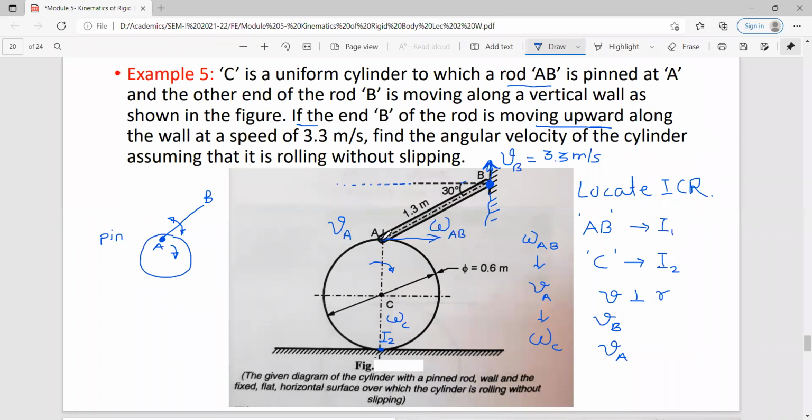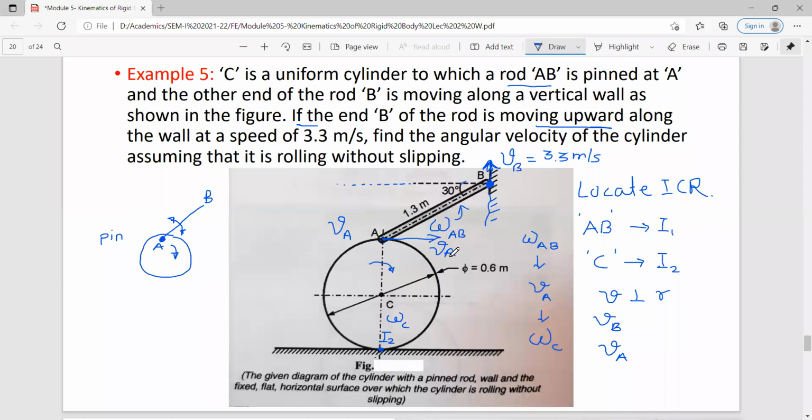I can also draw it left, because I don't know whether the cylinder is rolling clockwise or anti-clockwise. So it is the velocity of point A, tangent to the circle.